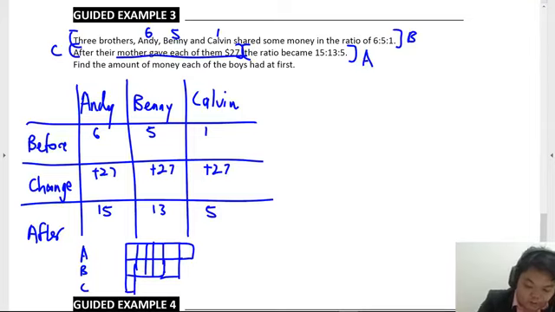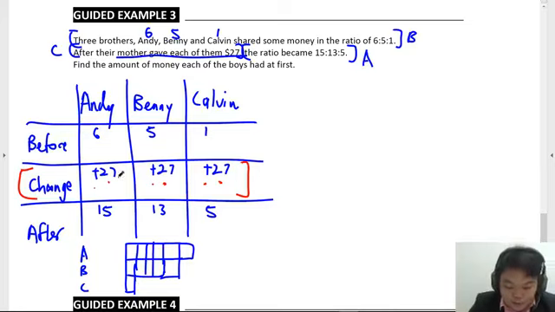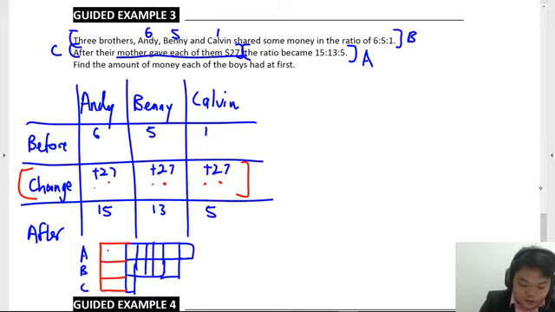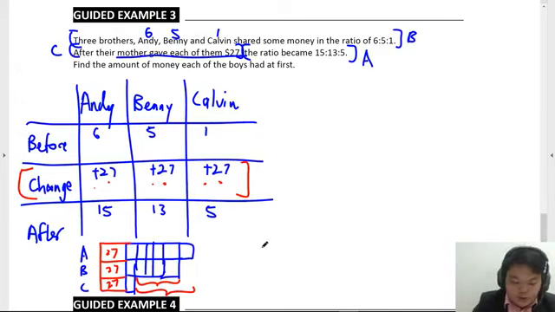So all of them are experiencing the same change with the same sign. We are adding on 27 to all of them. Correct? So the difference between B and C will not change. Between C and A, it will not change. Between A and B, this difference does not change. It does not move.